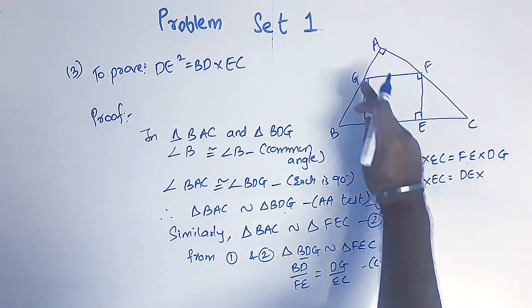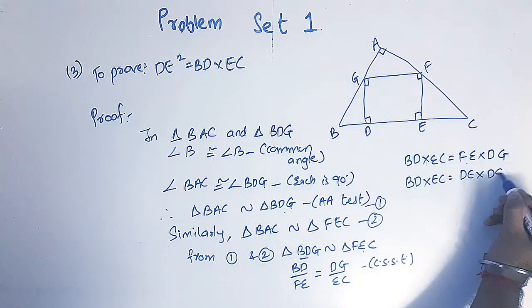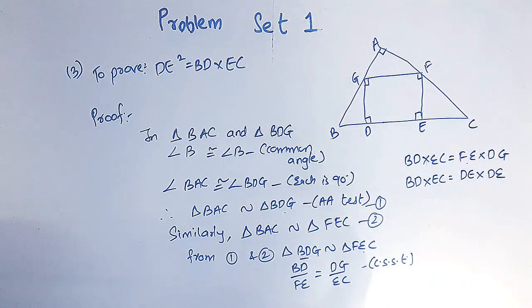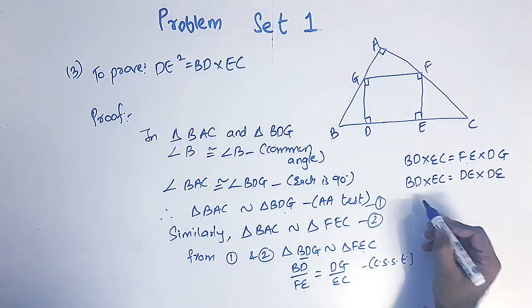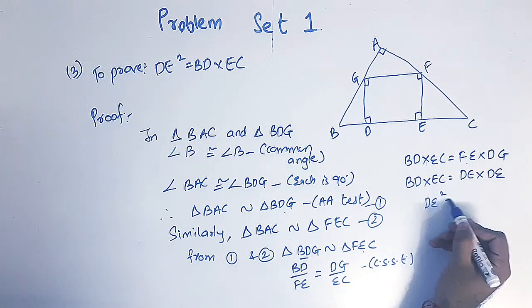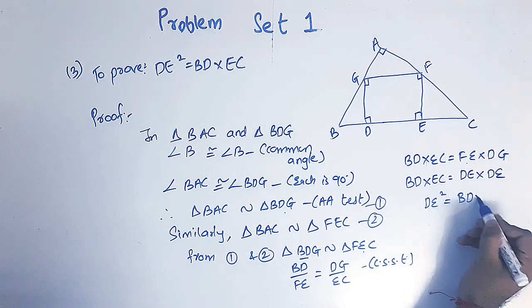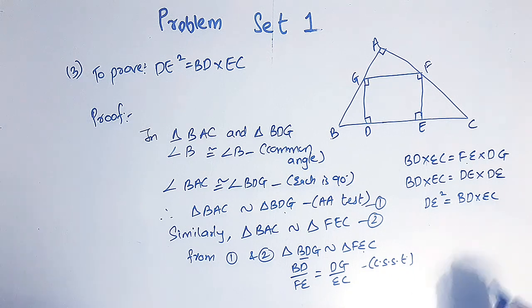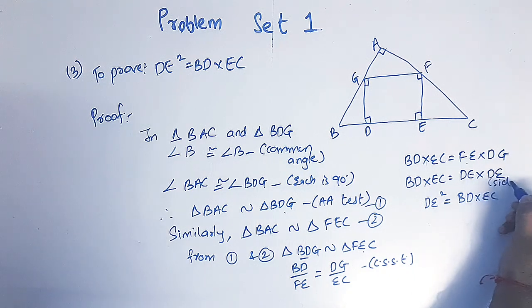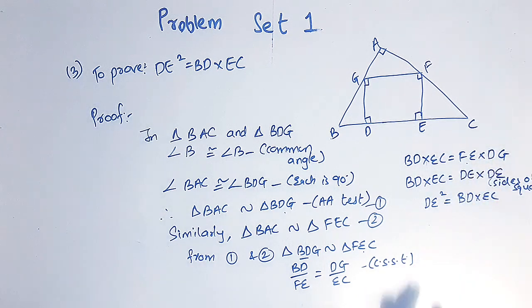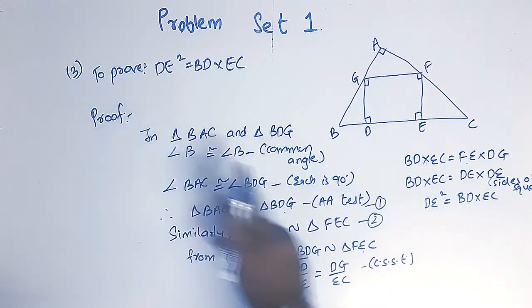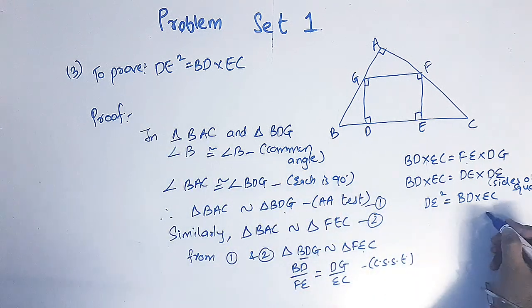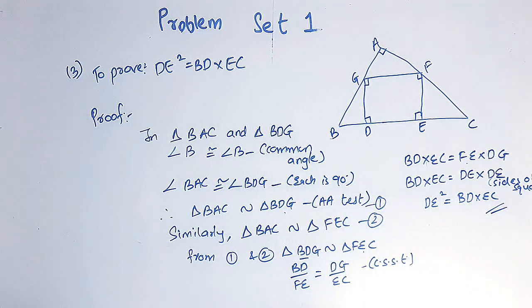And instead of DG also I can write DE. So you will simply get DE square is equal to BD into EC. Here you can write sides of square, you have changed this because they are sides of a square. So hence we have proved the 13th one.